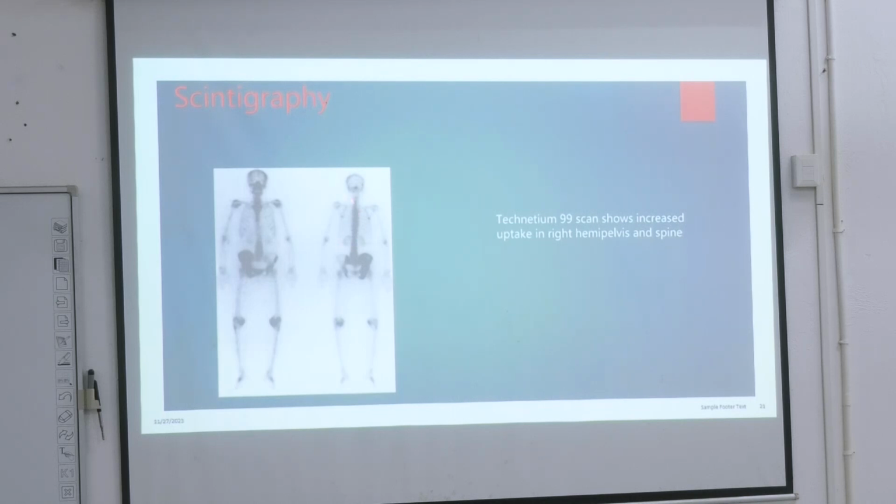We can appreciate that there is increased uptake in the spine and in the right pelvis. But in scintigraphy, the other bones are normal. These bone scans are normal, but in the spine and in the right pelvis, it is increased. So this is another way to distinguish which bones or which part of our axial skeleton is affected mostly by Paget disease.